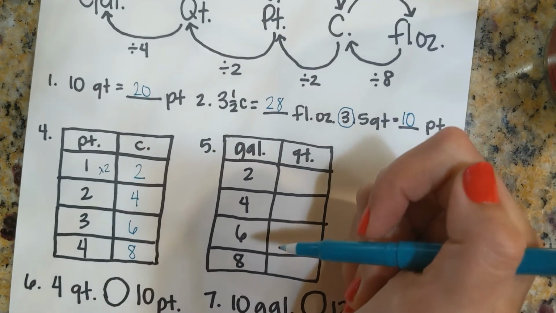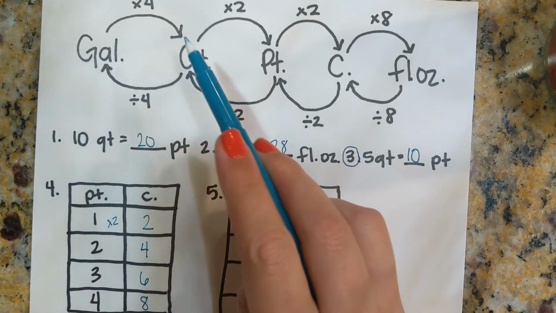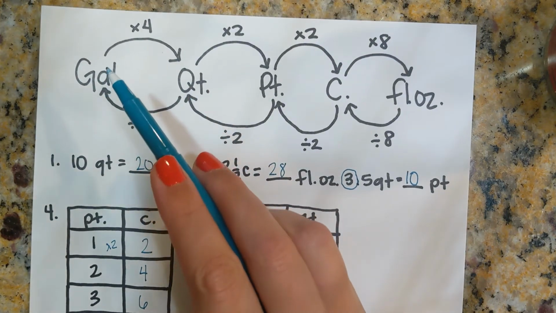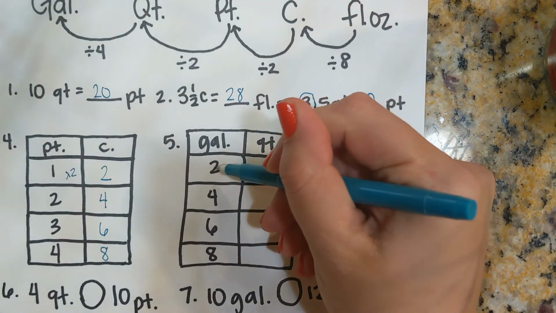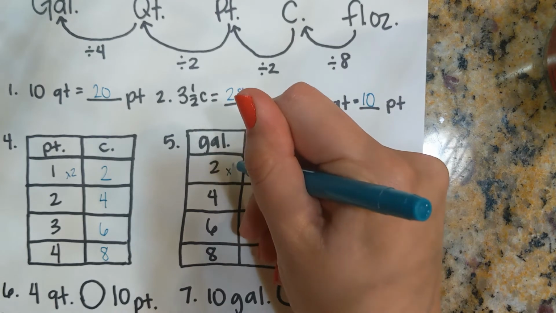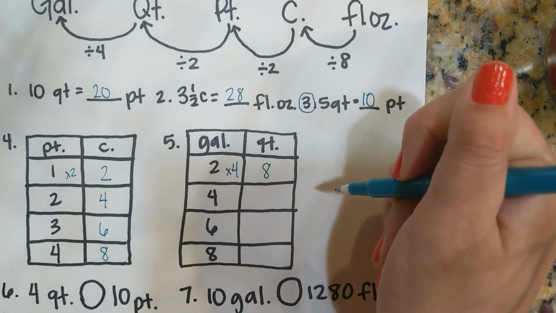All right, this next one. If I have gallons and I'm going to quarts, I need to multiply by 4. Okay, so if I start with 2 gallons, multiply by 4, I would have 8 quarts. Okay, pause it and finish it.